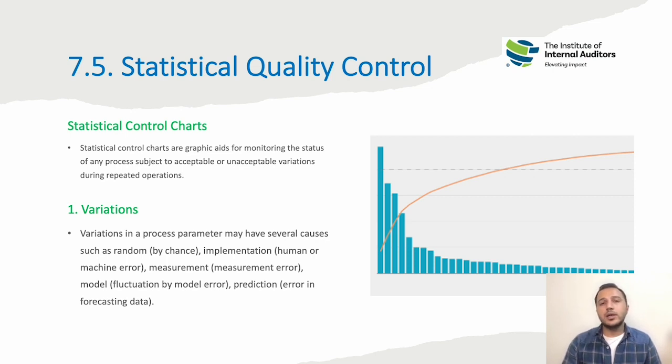Variation is basically why those deviations happen. It could be due to multiple reasons. It could be by chance, just randomly happening, maybe a random breakdown of production, and our production capacity or run rate reduces. It could be a human error. Maybe someone is not skilled enough or made a mistake.